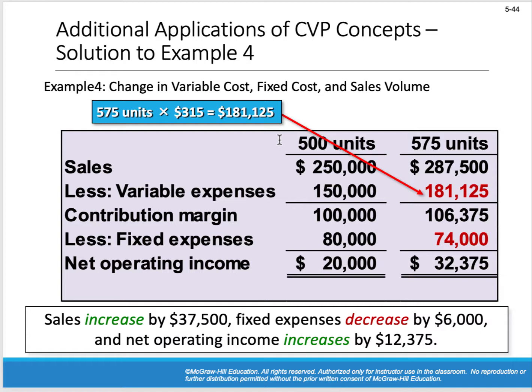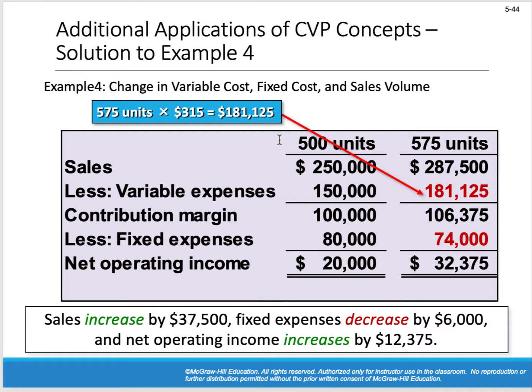When I subtract fixed expenses from the contribution margin, I see my net operating income is now $32,375.